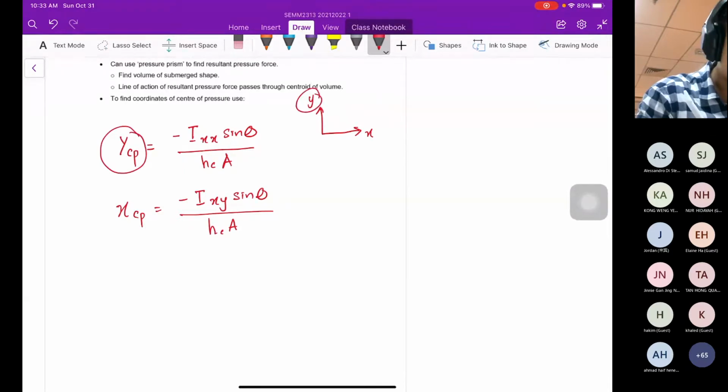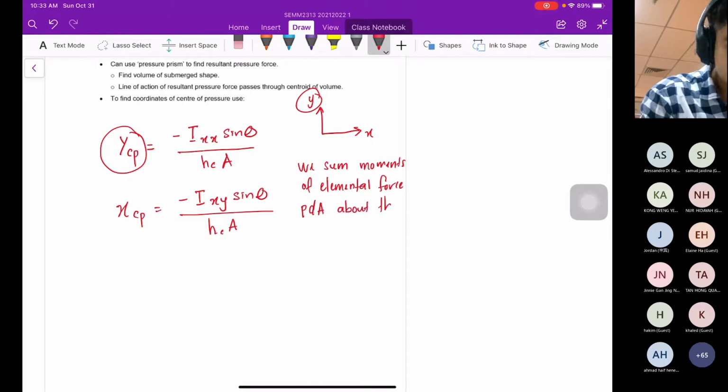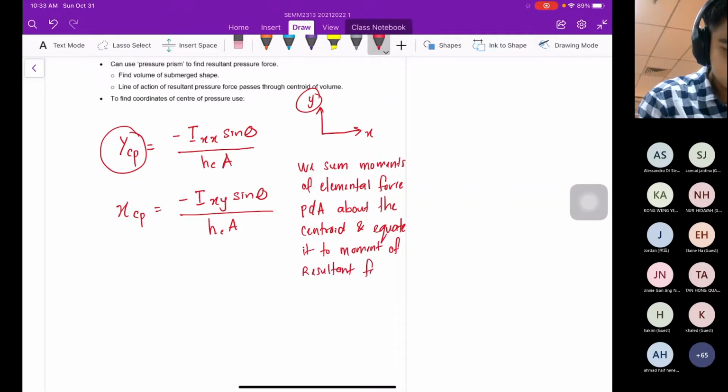Okay, so with some moment of the element, elemental force, which is PdA about the central, and equate it to moment of resultant force.